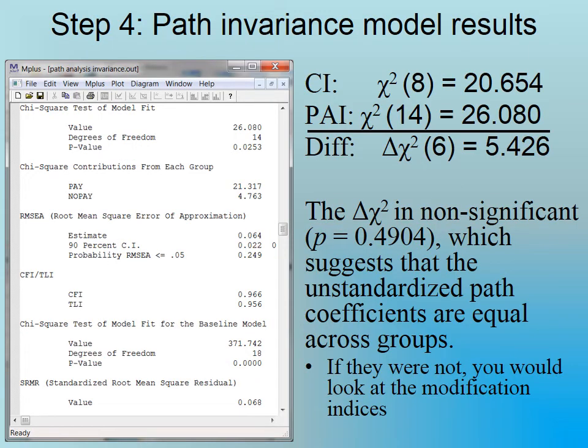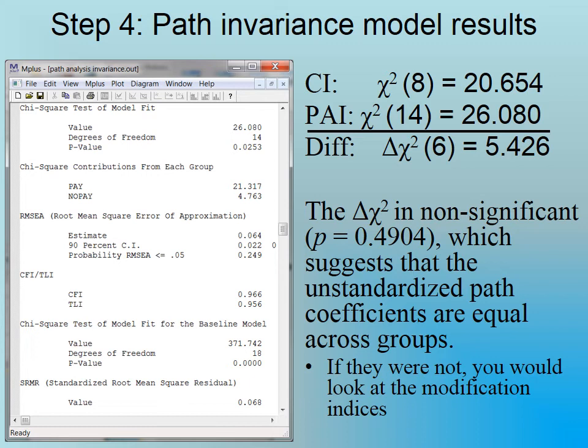Here we can see that our configural invariance model with 8 degrees of freedom has a chi-square of about 20.66, where our path analysis invariance with 14 degrees of freedom has a chi-square of about 16. Again, look at the degrees of freedom, they changed by 6. It's 6 because we now have 6 parameters that are constrained to be equal across the groups.